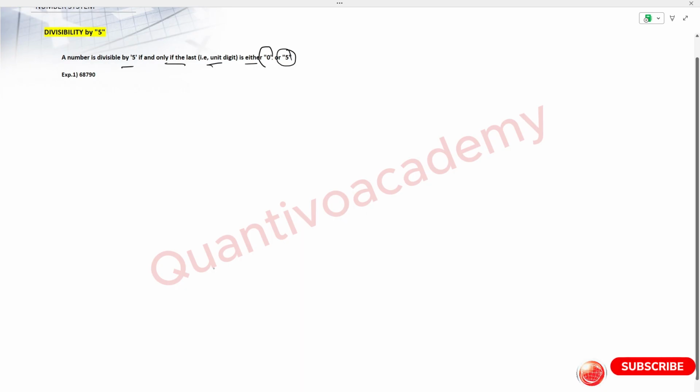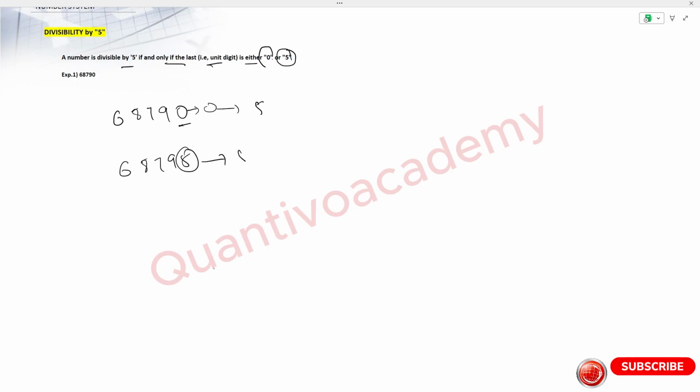So now we have a question, 68790. As per the divisibility by 5, we have to see the last digit, which here is 0, which means it is divisible by 5. If the given number is like 68795, then this number is also divisible by 5.